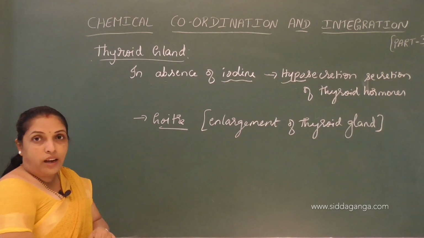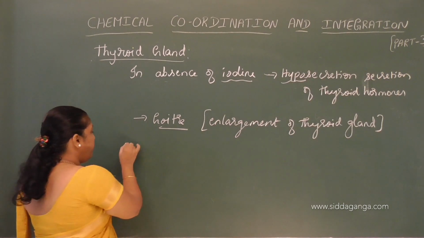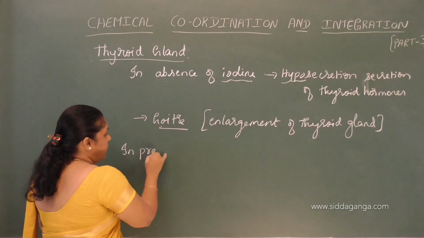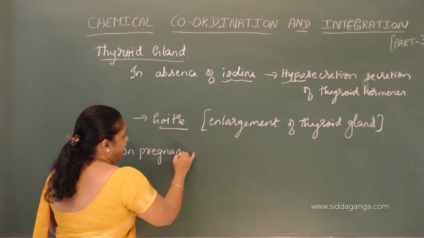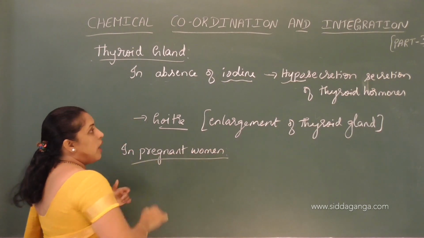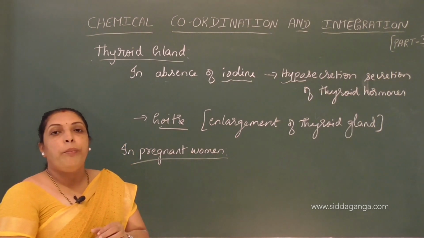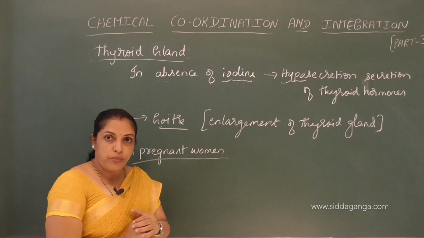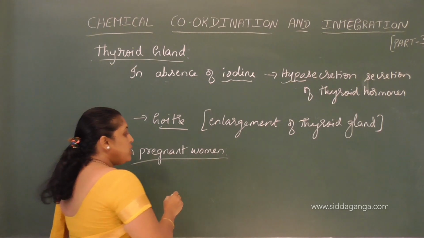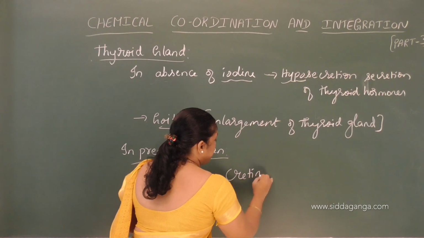Whereas in pregnant women, the hyposecretion leads to underdevelopment and maturation of the baby, that leads to stunted growth called cretinism.